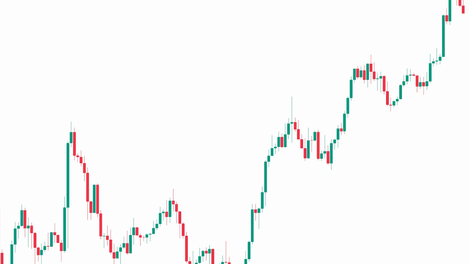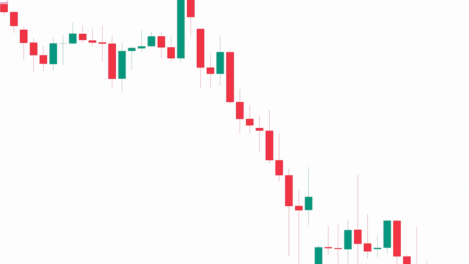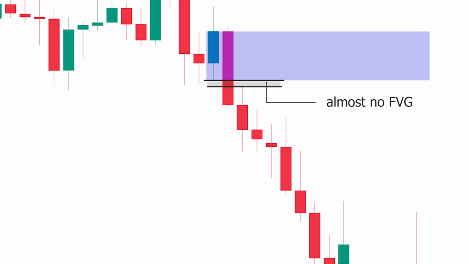No fair value gap. A fake order block is usually followed by weak, overlapping price action, rather than strong institutional displacement. Instead of accelerating away from the zone, the candles remain compressed, with their bodies and wicks heavily overlapping each other. Because the move lacks momentum, it fails to create a fair value gap or any noticeable market inefficiency.